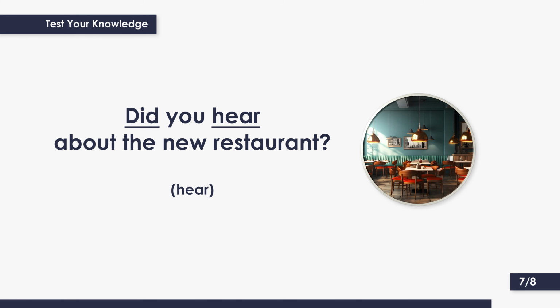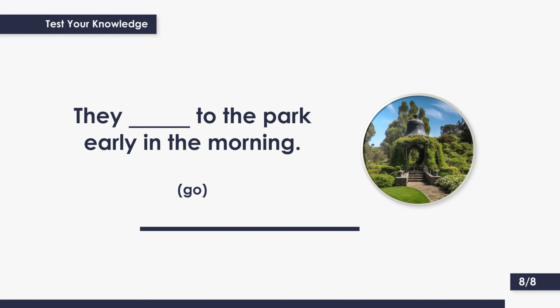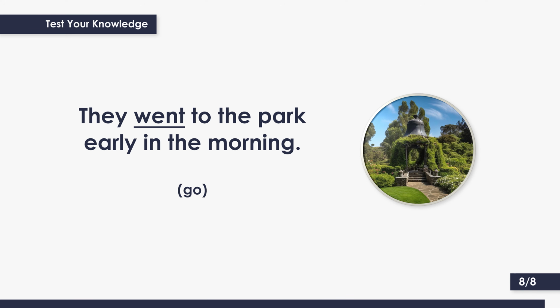Did you hear about the new restaurant? The past simple of go is irregular. It's went. They went to the park early in the morning.